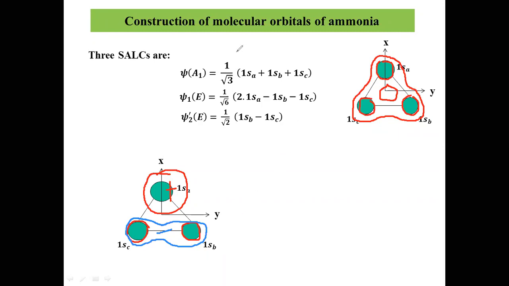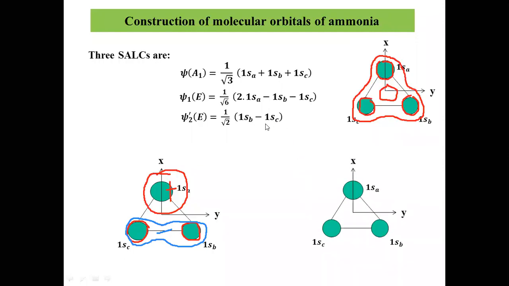Now if I go for the last one, I don't have any contribution for A, so zero contribution. I don't have density here, but I have B minus C. So that means this is plus, and this is minus. Sorry, I have done it wrong. This is going to be minus C. Sorry, let me erase this plus sign here.